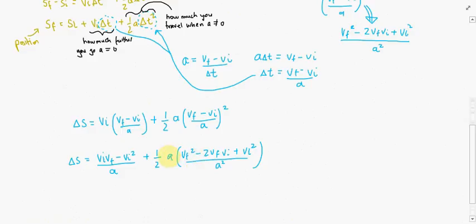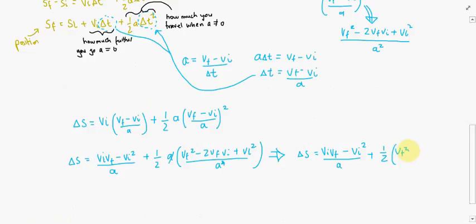So an a divided by an a squared, so one of these disappears, and this a disappears. So let me just rewrite it. All of this becomes this now, that this delta S is equal to Vi times Vf minus Vi squared over a plus 1/2, and now, like I said, that a disappears.